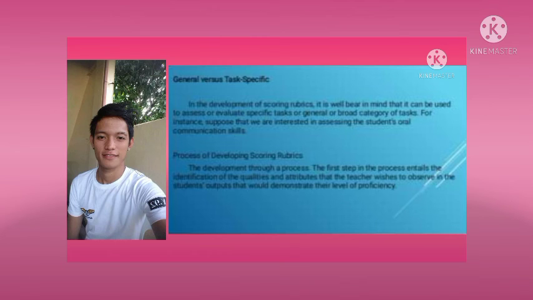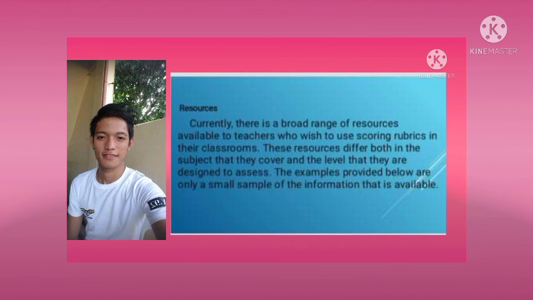The process of developing scoring rubrics is the way of the teacher to identify the qualities and attributes of the student output and to know if the student gets the level of competency.